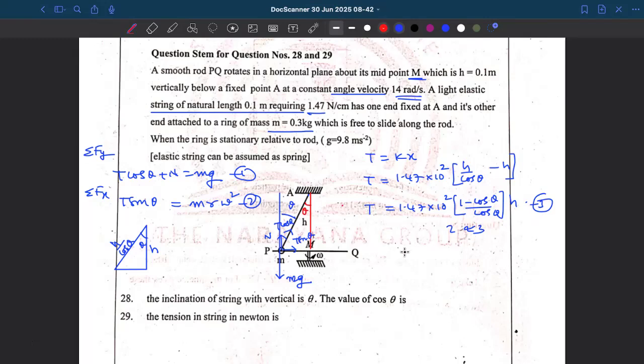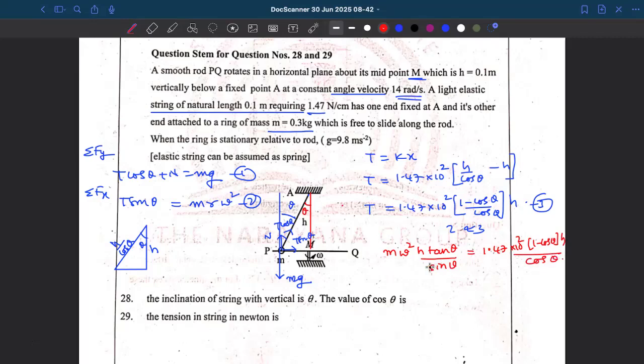Now 2 and 3 you take. 2 and 3 refers m omega square R. Can you please help me? What is R? R is H tan theta by sin theta. Boys, using T is equal to 1.47 into 10 square into 1 minus cos theta, H by cos theta.